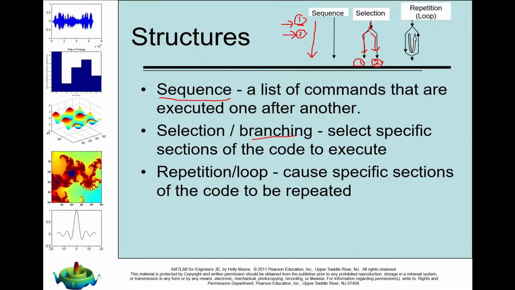So the selection statement provides the means for MATLAB to choose between these parts. So we are going to insert a selection statement that will tell MATLAB to choose either the first criteria or the second criteria to be executed.